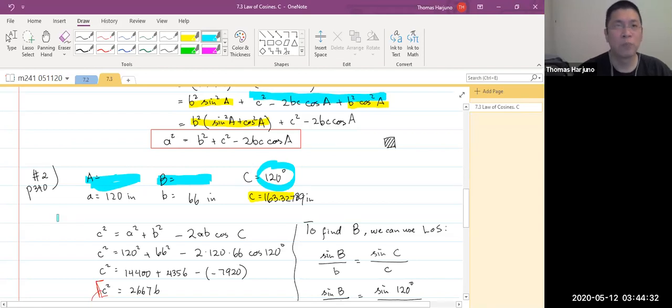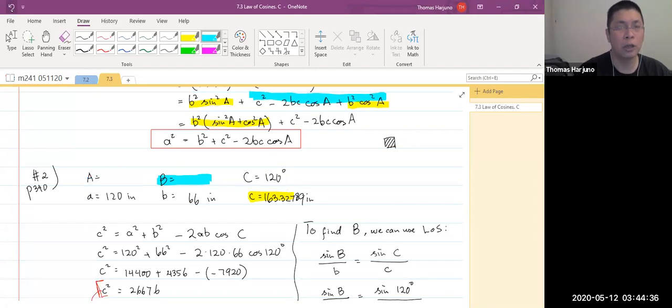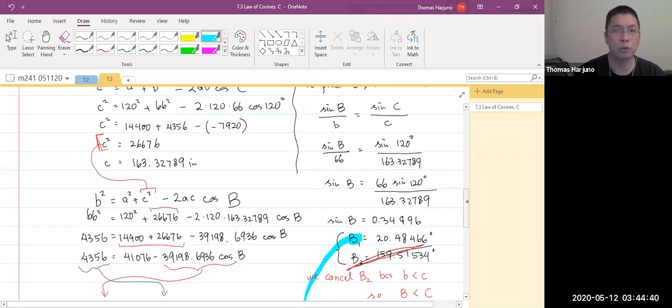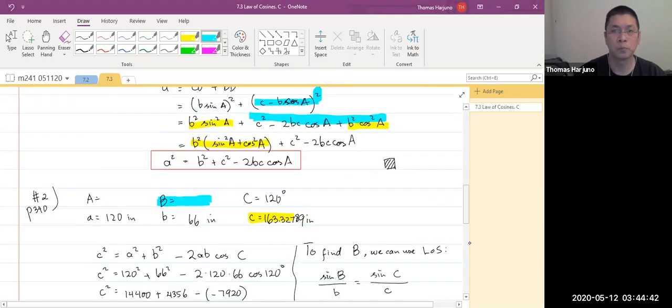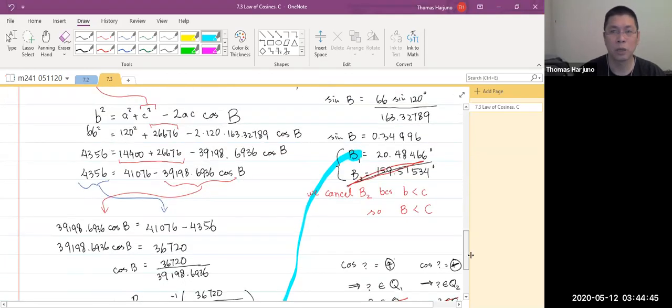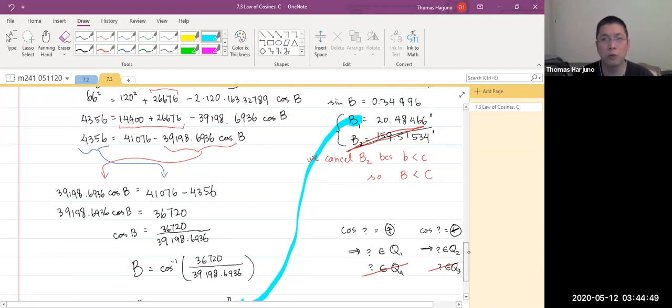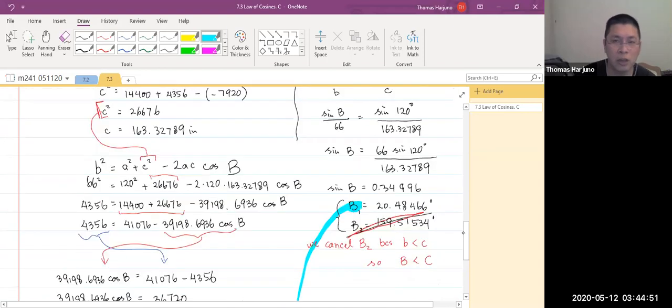So in other words, when you can use either law of sine or law of cosine, it's up to you which one you want to use. If you know that this angle has to be in quadrant 1, that it has to be the smallest angle, or if you are able to figure it out, then go for it.